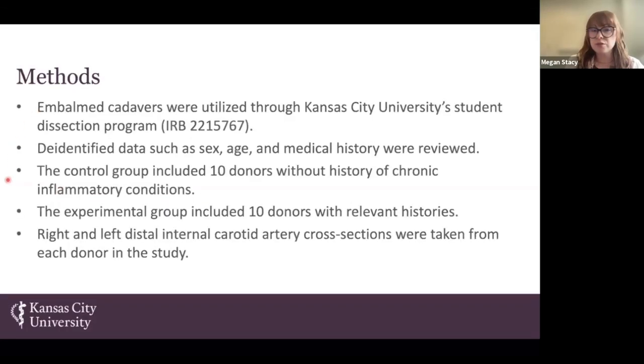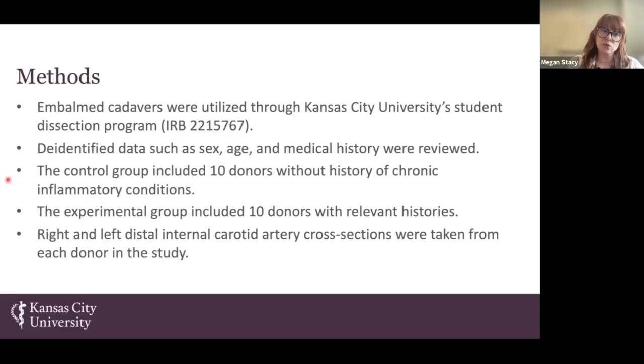To look at all of these things, I utilized the embalmed cadavers that we have available through our student dissection program here at KCU. I also used their de-identified data, such as sex, age, and available medical history to make my groups.